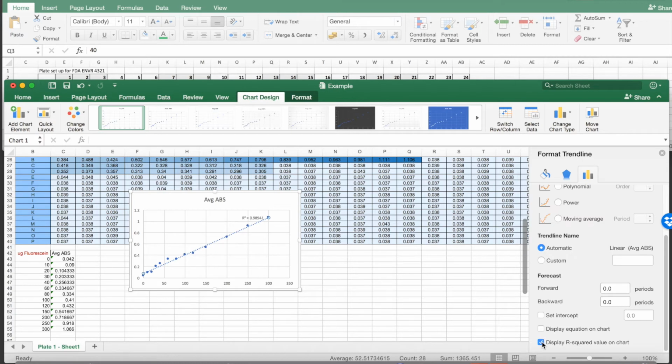The R squared indicates how closely the points are located along this trend line. If it deviates from this straight line, the R squared will start to decrease. You see, it has an R squared of 0.98. I like an R squared of 0.99.